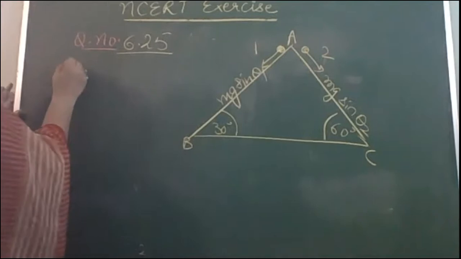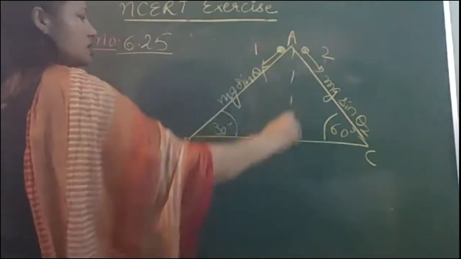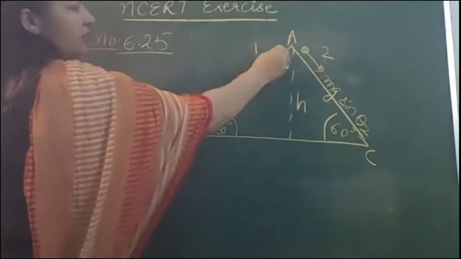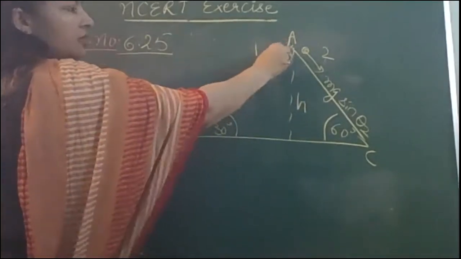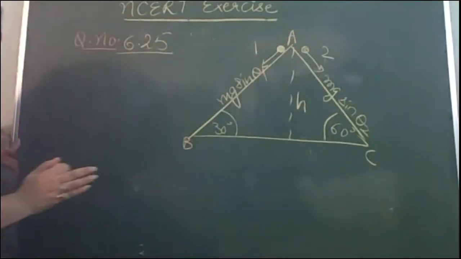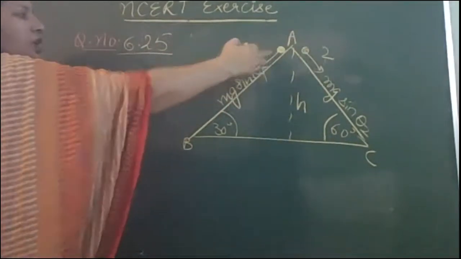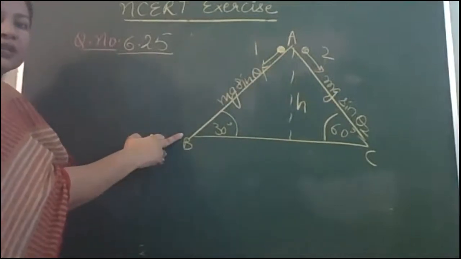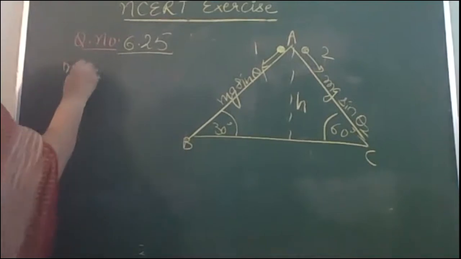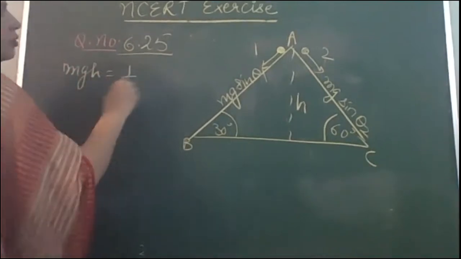So for both the stones, if the vertical height is h, then when the stones were at point A, they were having mgh potential energy on account of that height. That potential energy is converted into kinetic energy when they reach the bottom. So we have one equation: potential energy is converted into kinetic energy.